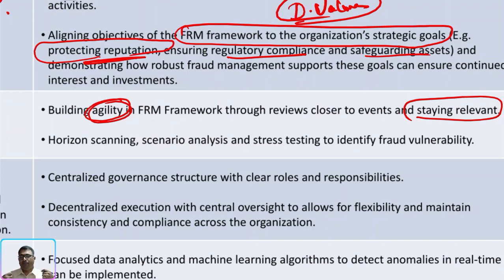Whenever there is a change, whenever there is a new regulation, or whenever there is a change in the process, this FRCM needs to be revisited to see whether there are any additional risks or any elevated risks that need to be addressed. One other way of doing it is horizon scanning, where you look at what is happening around.